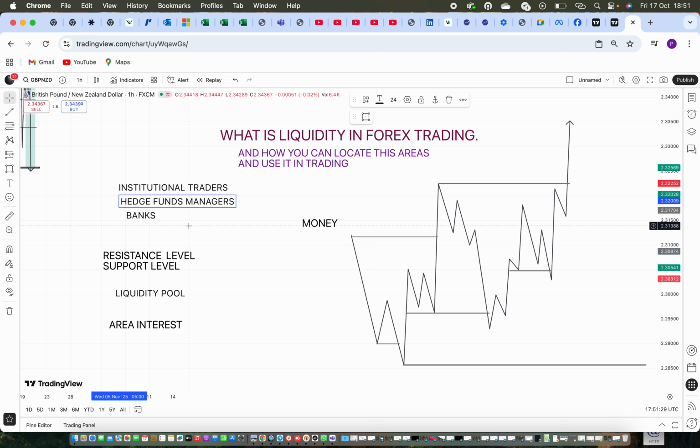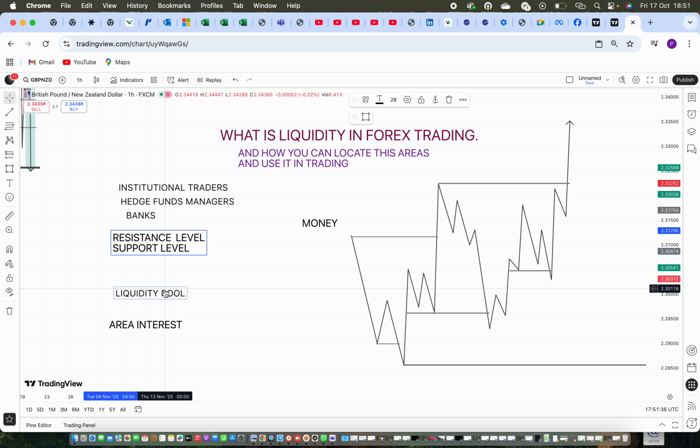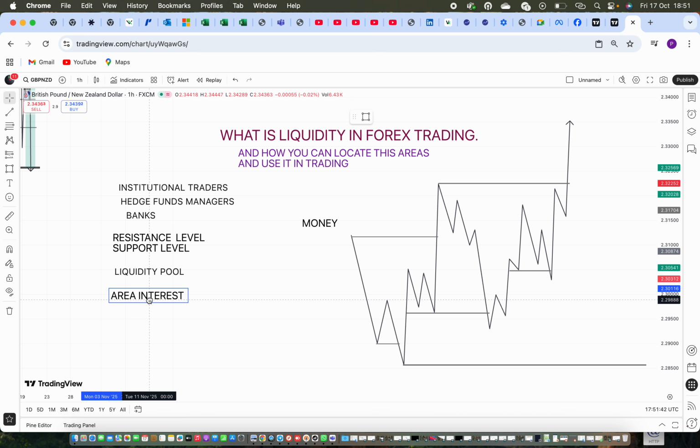So for us to have a high level of success in trading, we should be able to know where the liquidity pool is found in the market, which is the area of interest. Where can we spot this liquidity and how can we take advantage of it?